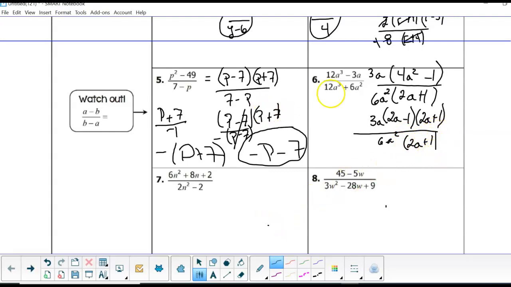So the 2a plus 1's cancel out. And that leaves me with 3 over 6, which is 1/2. A cancels, and I have an a in the denominator. So 2a in the denominator. So my final answer is 2a minus 1 over 2a. For my final answer on that.